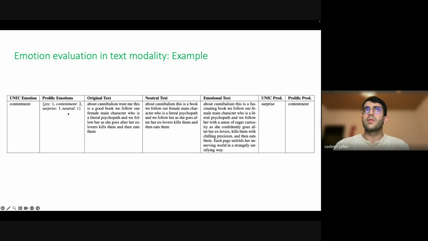And neutral text means that, to be sure that the model just uses its own knowledge for making emotional text, we first neutralize our text in our database by removing some emotional clues, and then ask the model to regenerate emotional text from the neutralized version. And then we compare this version with the original text.